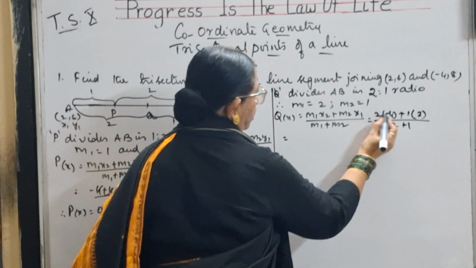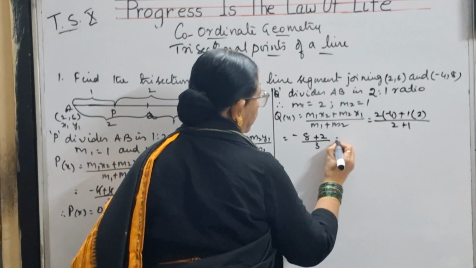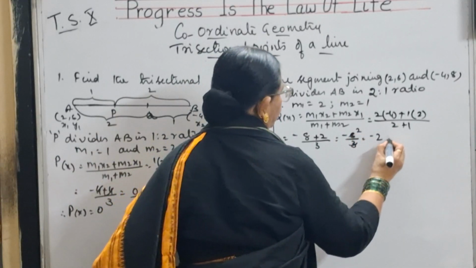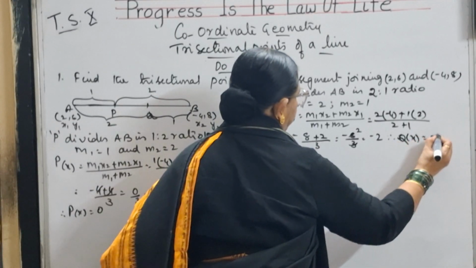So how much you are getting? Minus 8 plus 2 by 3. Minus 6 by 3, minus 2. Therefore, Q of x is equal to minus 2.